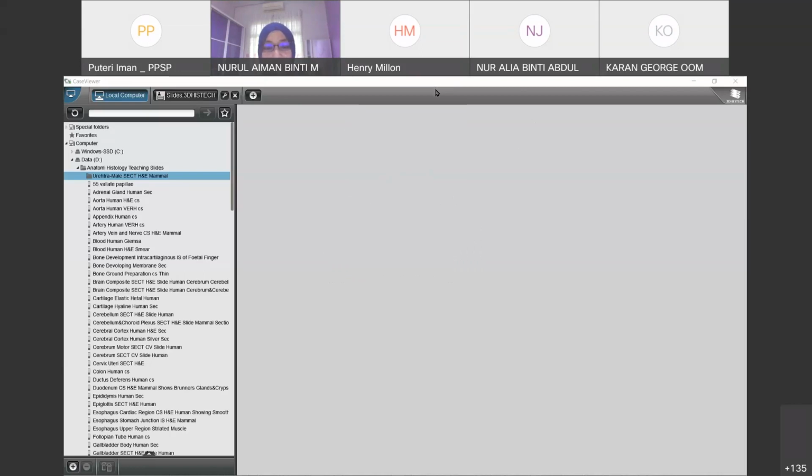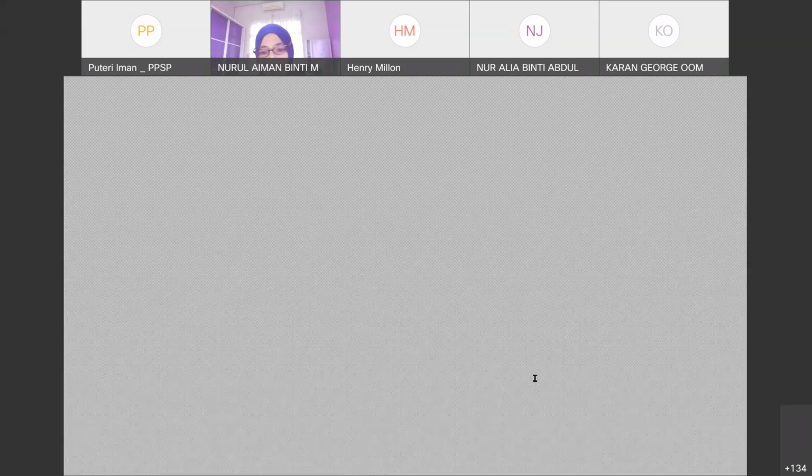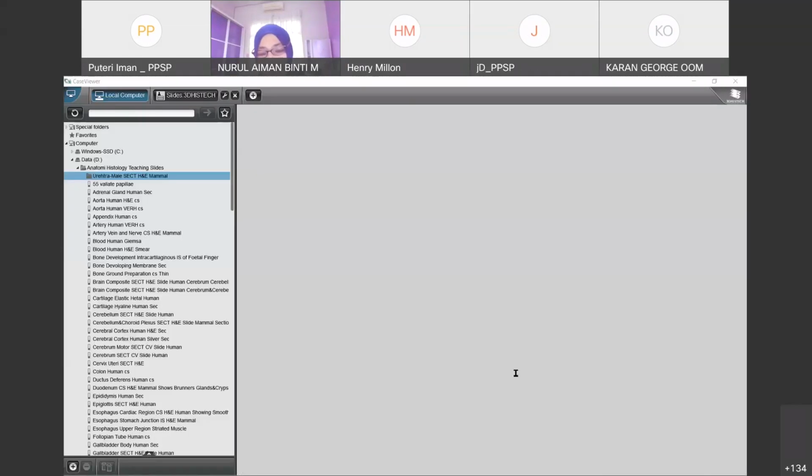Transitional is stratified. Did I miss another one? Pseudo-stratified columnar. Yes, correct, pseudo-stratified columnar is under columnar. Basically we have only three simple types.